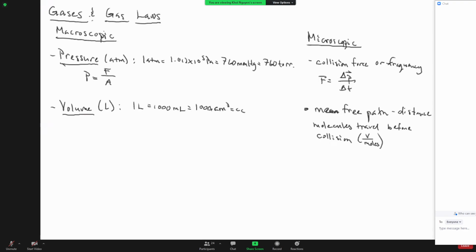The last macroscopic property that we need to know is temperature, usually in the units of Kelvin. We just need to know that degrees Celsius plus 273.16 is equal to degrees Kelvin, okay?